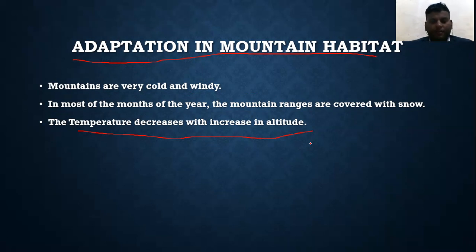So the dense forests of trees like bamboo and oak are found in the lower and warmer region of the mountain. As we go to higher altitude, the temperature drops and the region gets covered with coniferous forest and evergreen trees.